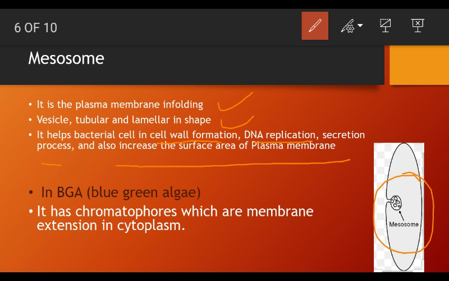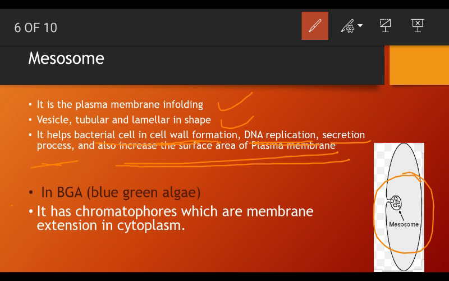Of course, if it gets folded, it is going to give more and more plasma membrane area for more functioning, right? So it helps in bacterial cell wall formation, DNA replication, and secretion process, and also increases the surface area of the plasma membrane, which helps increase various activities of the bacterial cell, right?